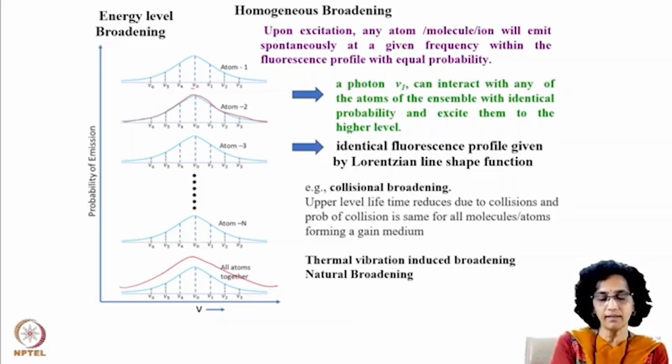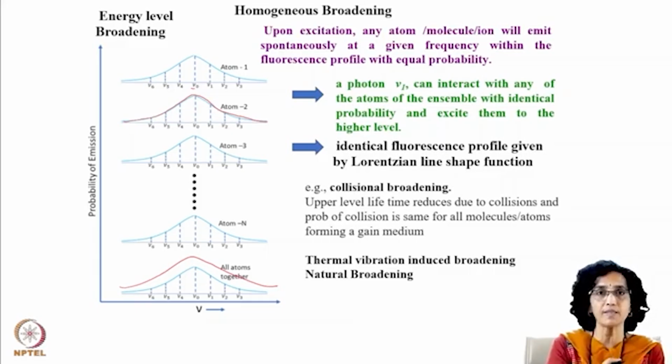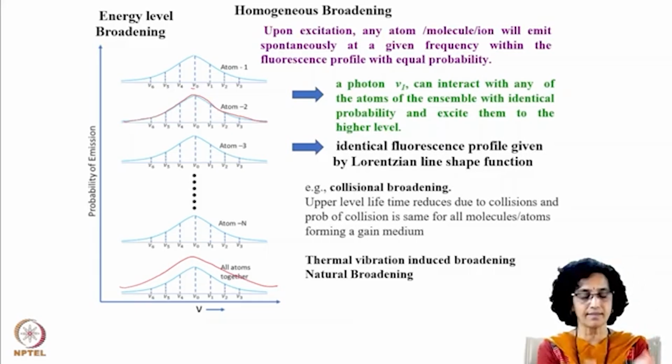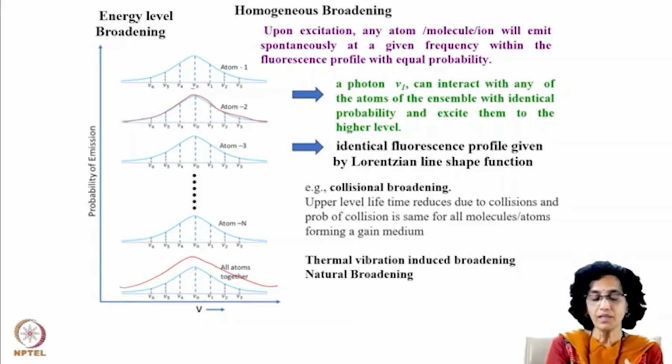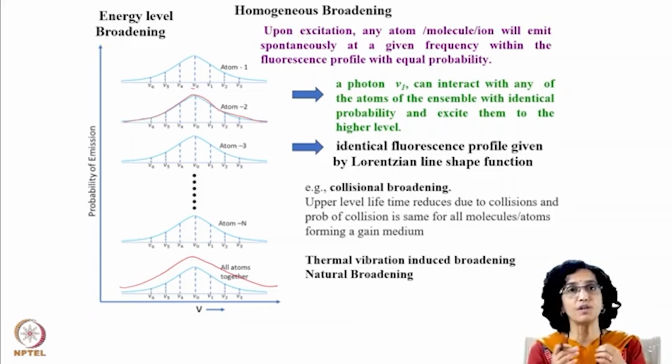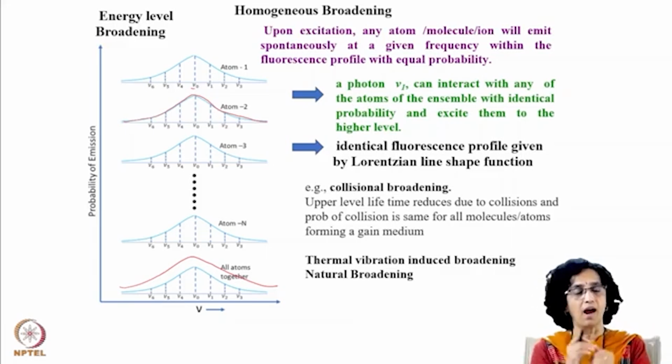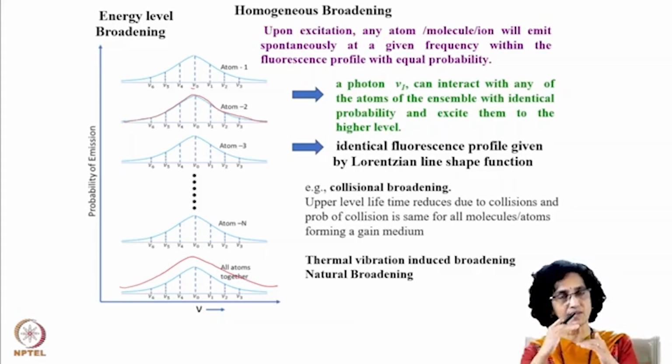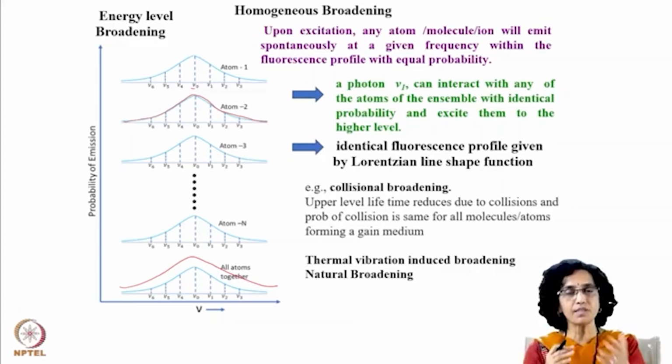So why is it not the same as that spontaneous emission width? Why are we saying that this is a little more? Well, we have taken an ensemble of molecules. These molecules are in constant collisions with each other, and a collision with a molecule in its upper level reduces its lifetime.